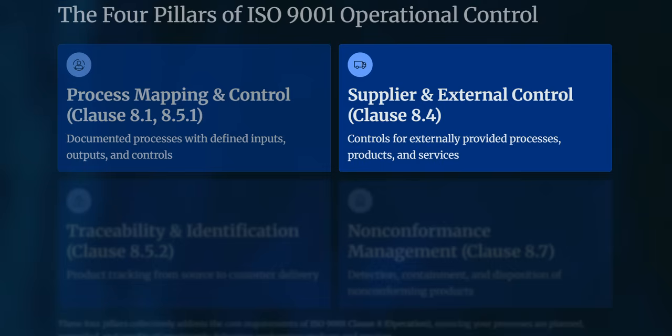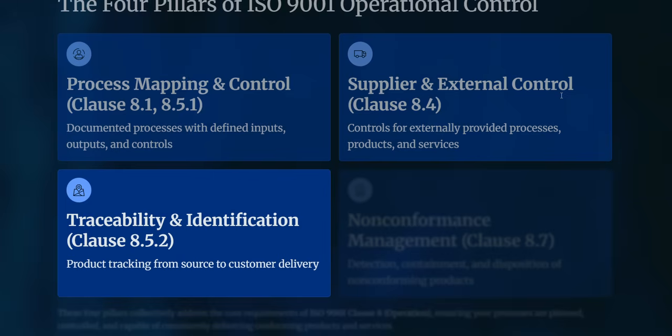The second pillar is supplier and external controls, and that will fulfill the requirement of Clause 8.4, which is controls for externally provided processes, products, and services.